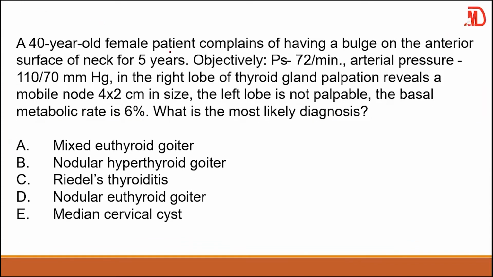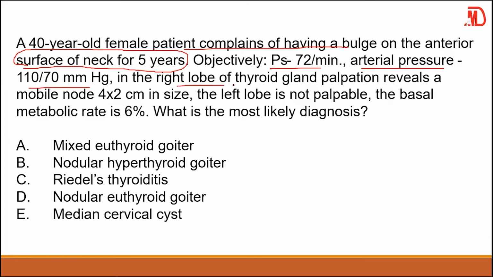A 40-year-old female patient complains of having a bulge on the anterior surface of the neck for 5 years. So again, if I were you, I'll just place my right hand on my neck. So the anterior surface. So what organ are you looking at? Good. Objectively, pulse 72 per minute, arterial pressure 110 per 70.